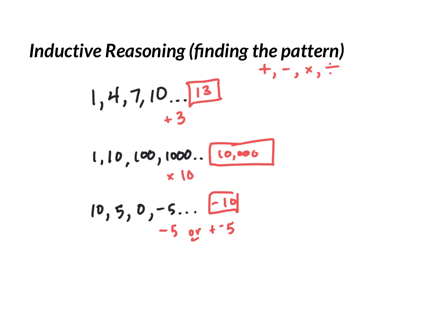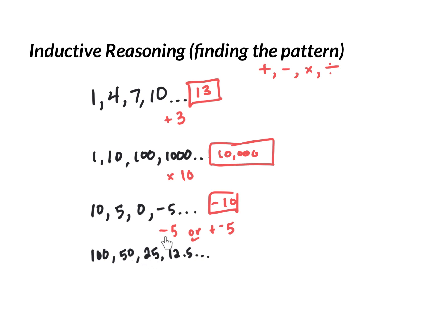And lastly, let's do this. You could subtract 50, but that pattern doesn't continue. You're not going down by a constant amount.